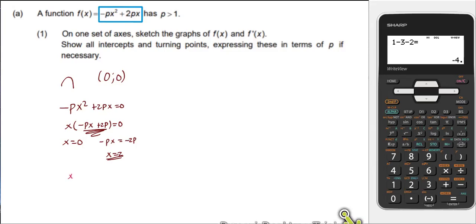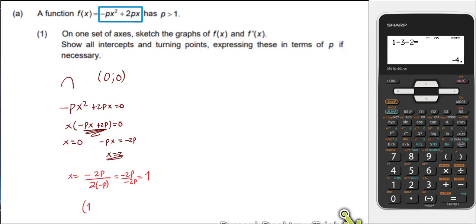Now I need the line of symmetry, the turning point. Line of symmetry will be x equals minus b over 2a. Minus b, which is 2p, all over 2a, a is minus p. There we go. So you can see I've got minus 2p over minus 2p. Axis of symmetry is at 1.